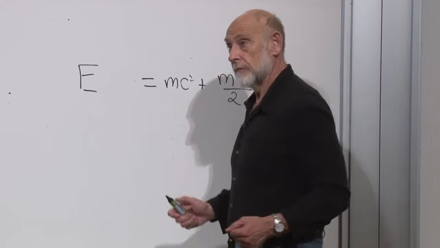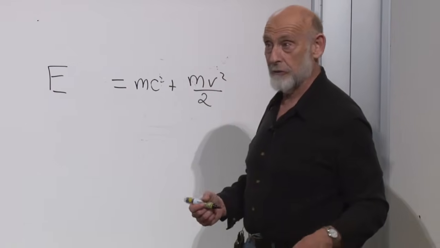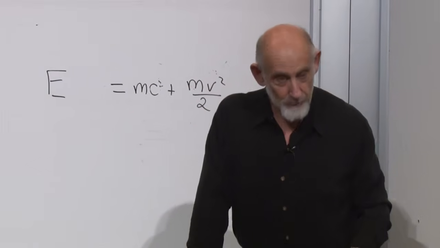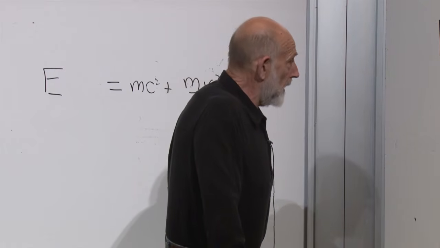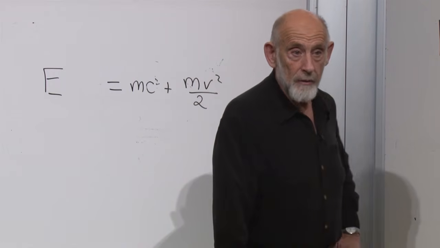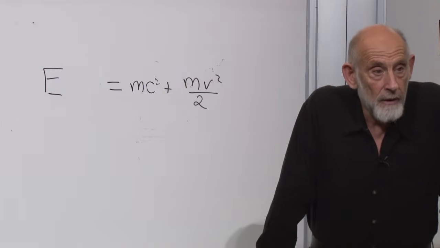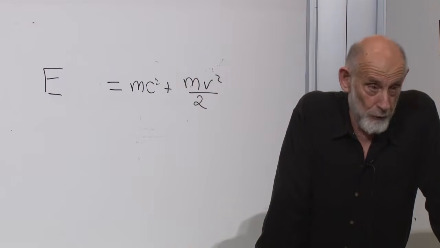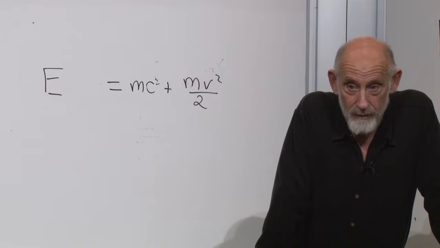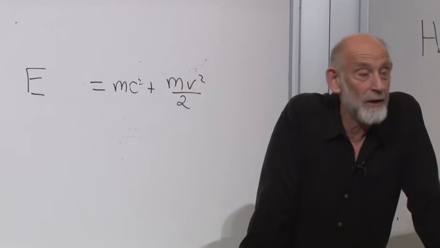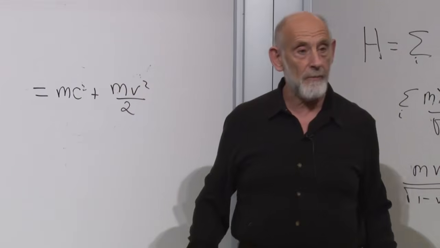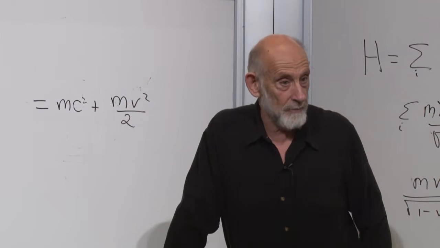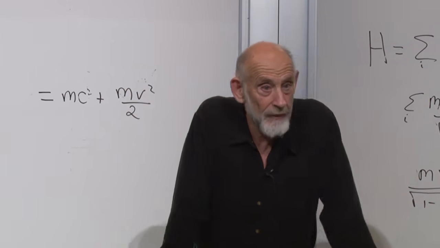So that 1 in the binomial expansion is important. Oh, yes. Absolutely. There are higher order terms missing. Yes, there are higher order terms, and they are simply very, very small when the velocity is small. For some purposes we might care about them, but we could evaluate them and see how small they are for a baseball moving at 90 miles an hour, and believe me, they would be really, really small.